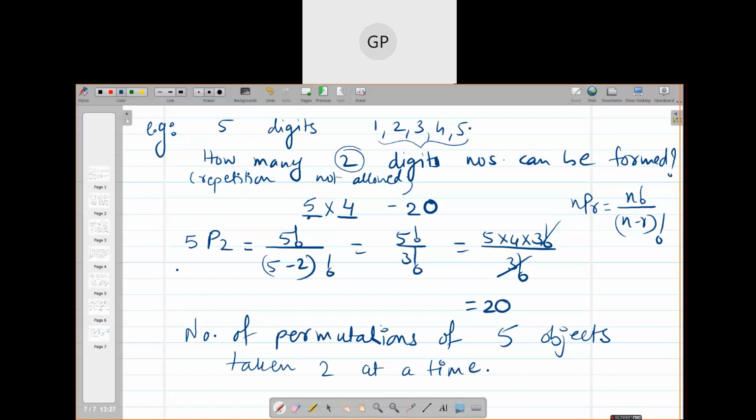Number of permutations of 5 objects taken 2 at a time, that is 5P2. Is that clear? Yes, ma'am. Now let us see the basic definition of combinations, and then we will see the special cases for both.